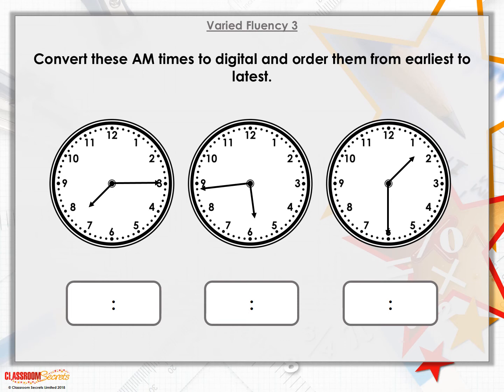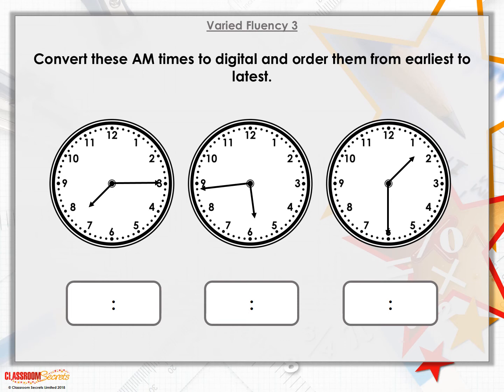So for example, if it was 9:15 in the morning, we would put 9:15 AM, because those times show the morning. If it was after 12 o'clock in the afternoon and all the way up to 12 o'clock at night, so midnight, we would put PM after. And that's how we would write down an analog time if we are not using a clock.